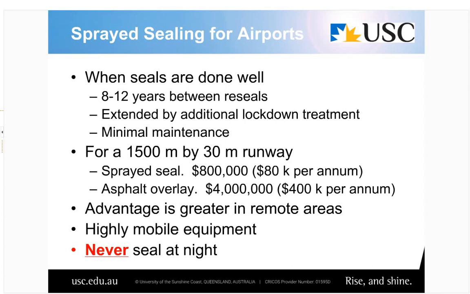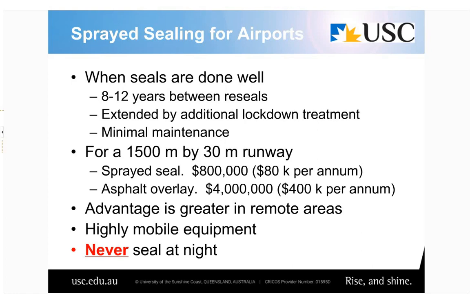So if you annualise those over the life expectancy of both options, you'll probably find that, because the asphalt won't last that much longer than a spray seal if both are done reasonably well, your annual depreciation is getting close to $500,000 a year for asphalt, but it's less than $100,000 a year for spray seal.